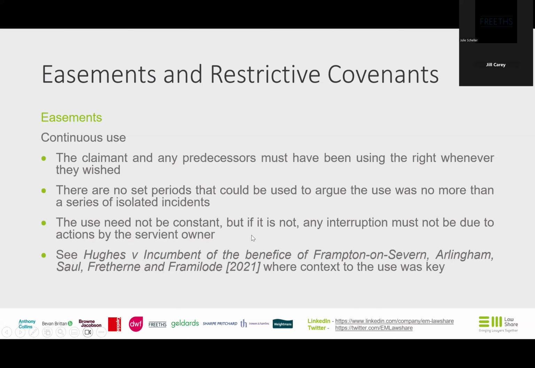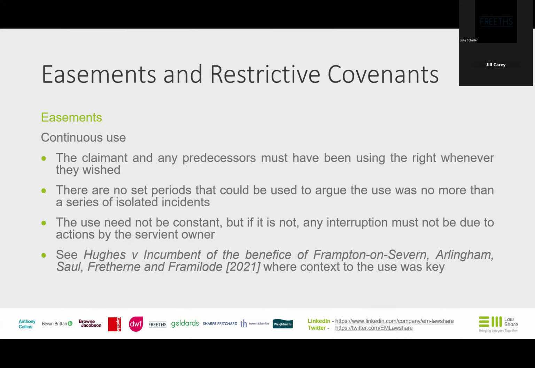It's often useful to illustrate that with case law. So, probably the longest case name I think I've ever seen there, which was a dispute about a track that allowed cars and other vehicles to access a churchyard in Gloucestershire, where the vicar of St James's Church, which was part of a group of people who were using it, was trying to argue that the church had acquired a prescriptive easement over that track.